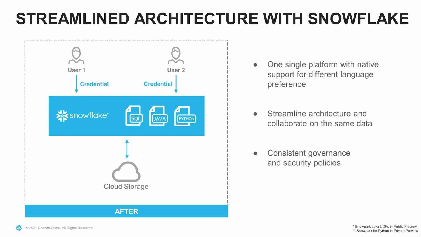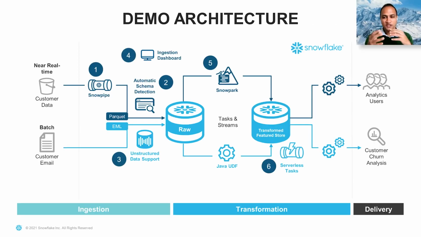Developers of different skill sets can set their bars and collaborate, and we can streamline the whole architecture, all with the same speed of cloud and elasticity. With this, all the data processing will be much faster, and you can take your product and project to market much faster. So let's look at the reference architecture and how it can all come together.